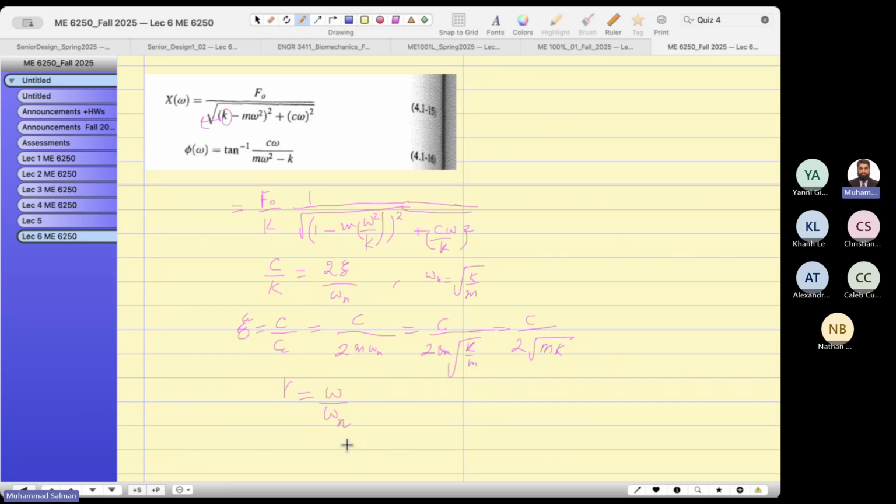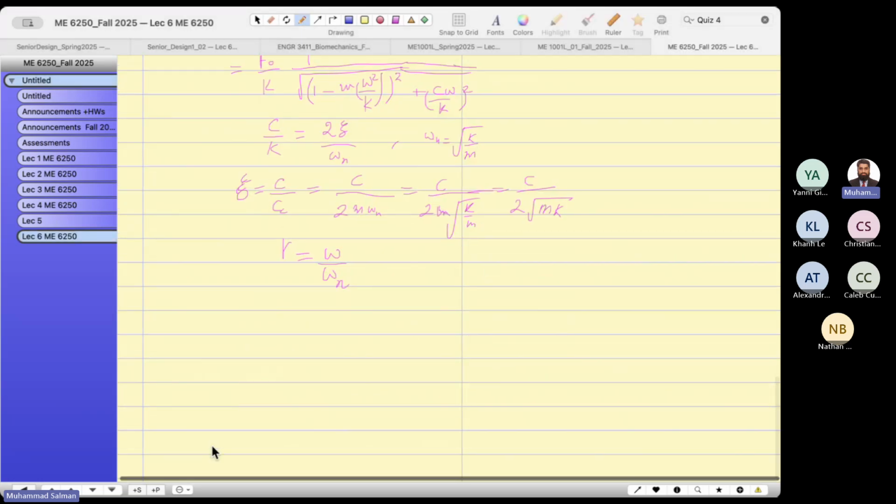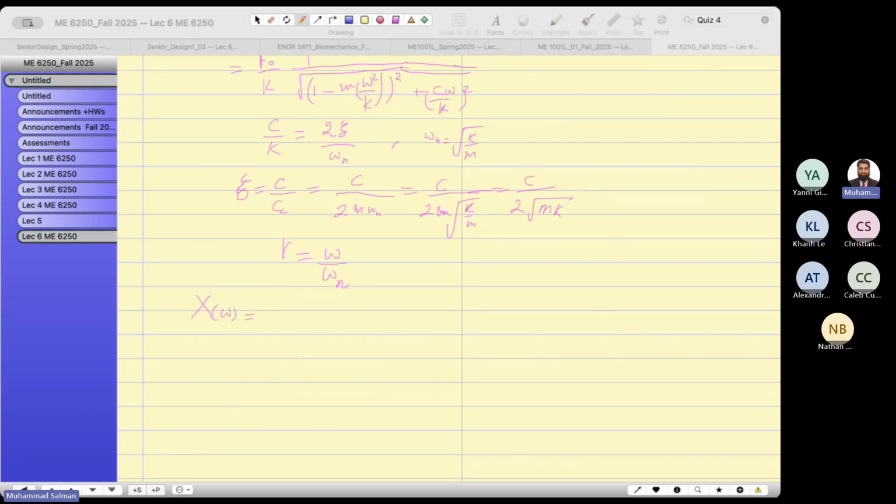So with these terminologies, I'm going to show you that the output amplitude can be written in this form. So let me show you this form. Rather than writing down everything, to save time I will just show you how it is written in the book.